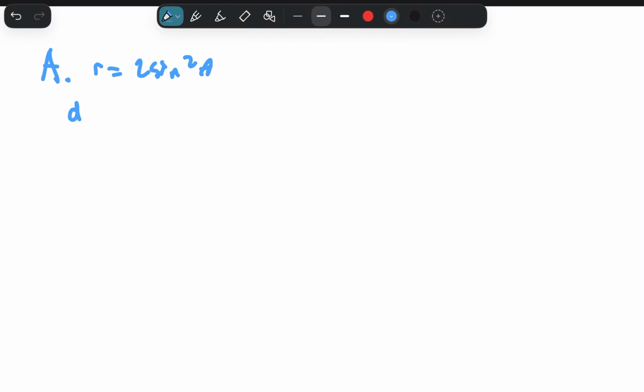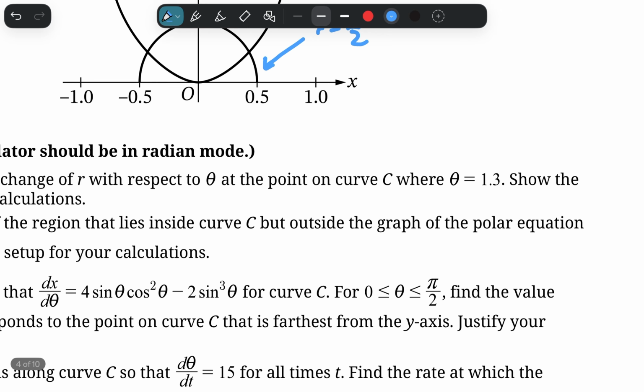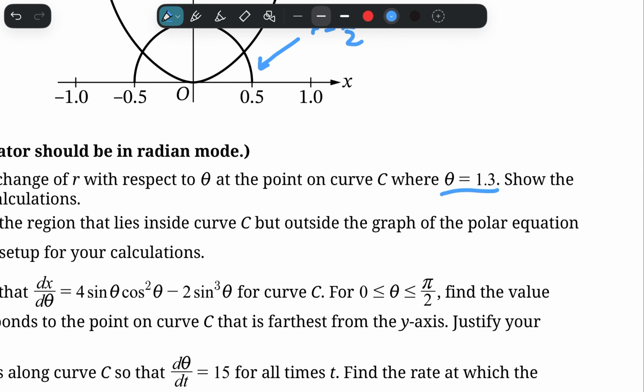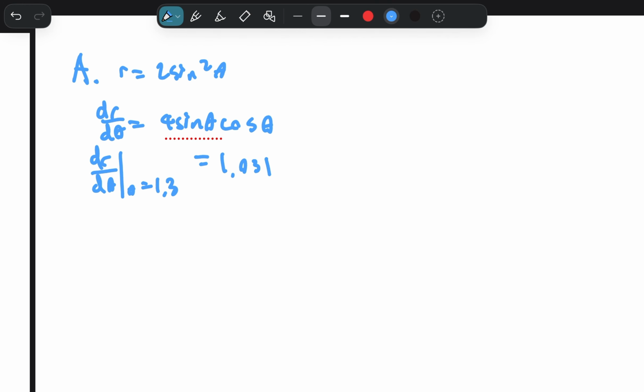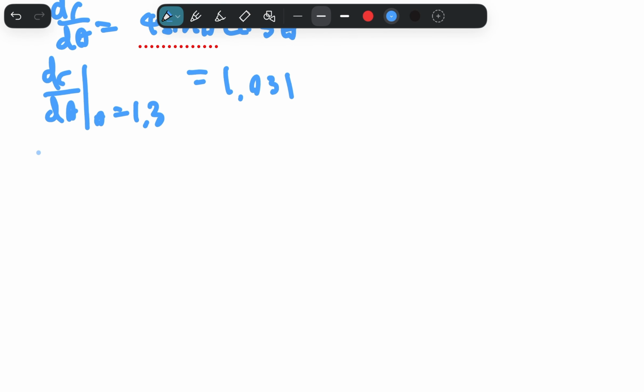So dr d theta is equal to, using chain rule, 4 sine theta times the derivative of sine theta, which is just cosine theta. And we have to evaluate this at theta equals 1.3. So we plug this into our calculator, dr d theta at theta equals 1.3. This turns out to be 1.031. Simple as that.